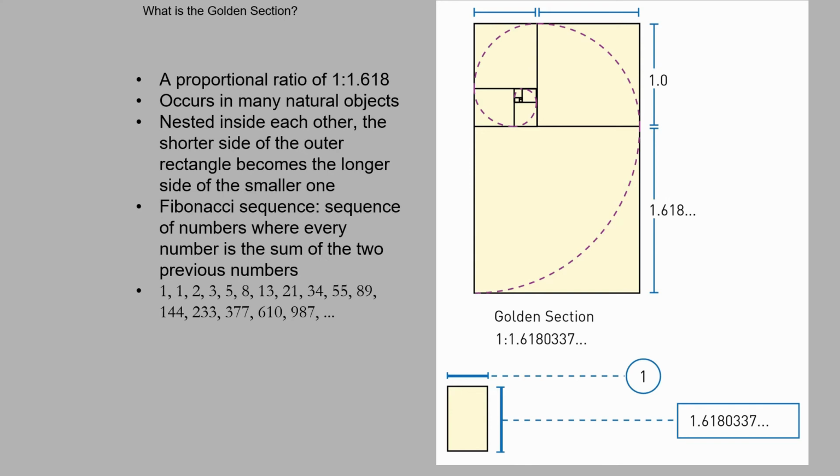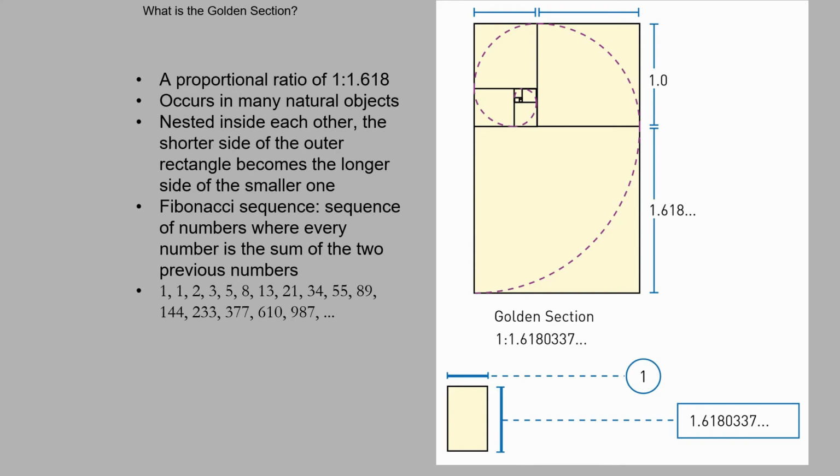It's found in the relationships of petals of flowers. It's sort of everywhere. And the Greeks, being great mathematicians, being sort of the founding fathers of geometry, were obsessed with ratios and proportions because we know why, right? Because it was related to the concept of perfection and morality and all that stuff.